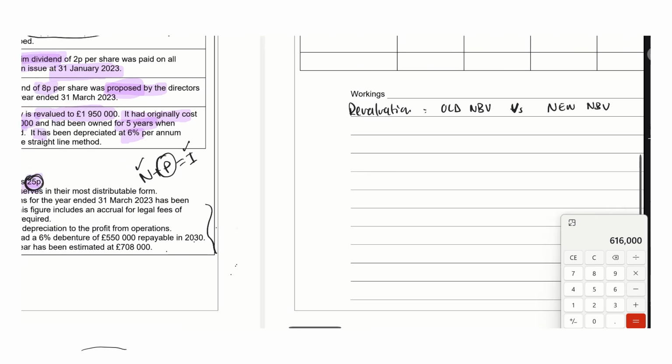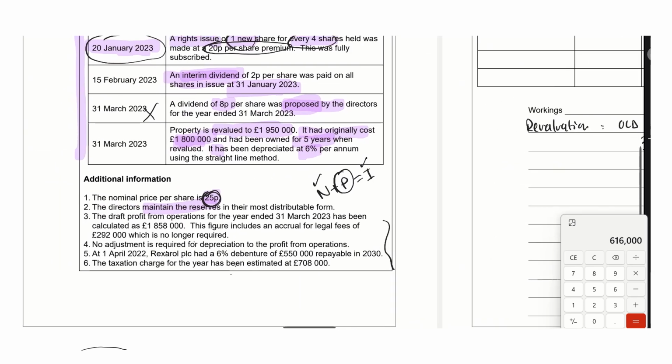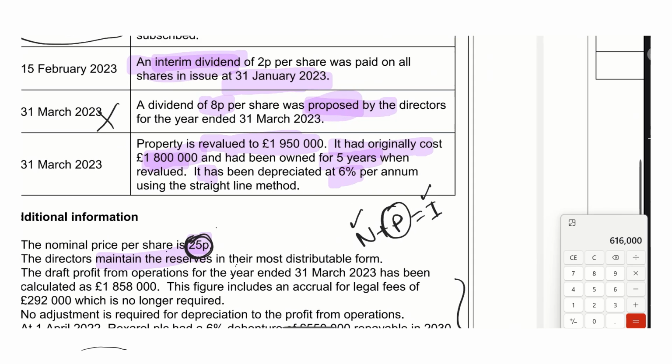Well, in this question, we're being told what the new net book value is. It's 1,950,000. But we don't know what the old net book value is. We know what the old cost is. The old cost is given to us in the question, and it tells us the old cost is 1.8 million. But that's not good to us because we need to work out what the old net book value is.